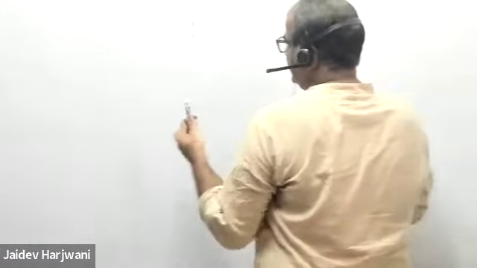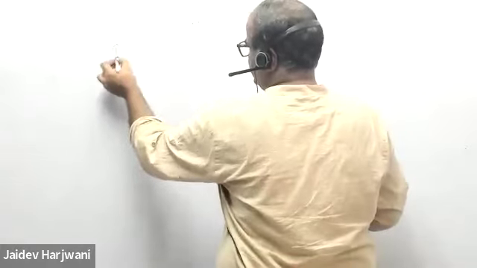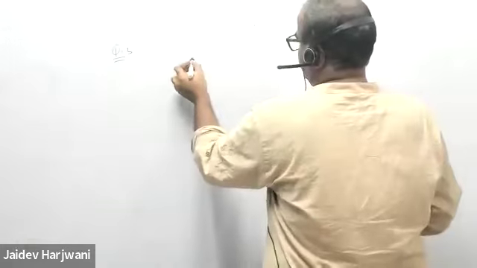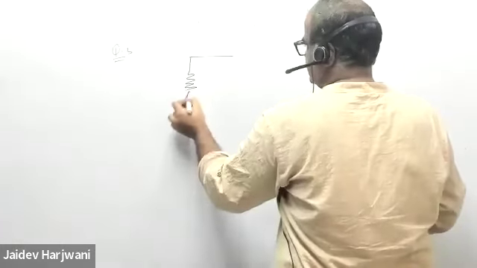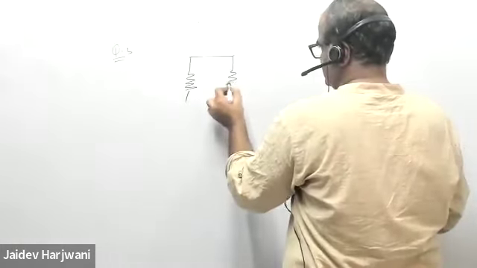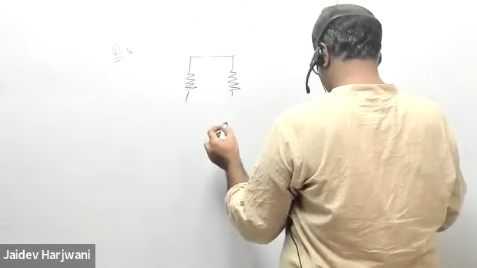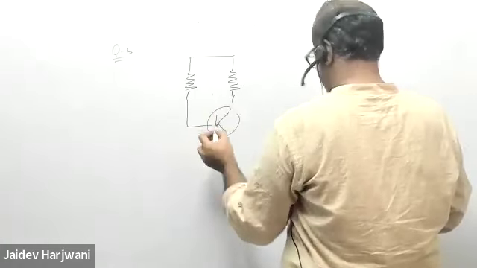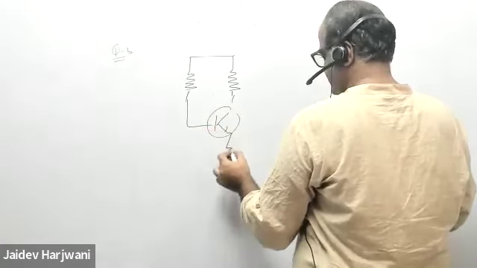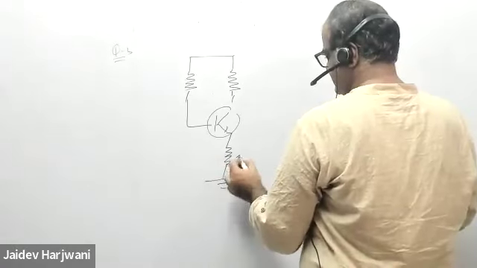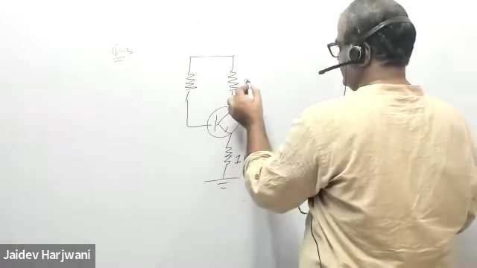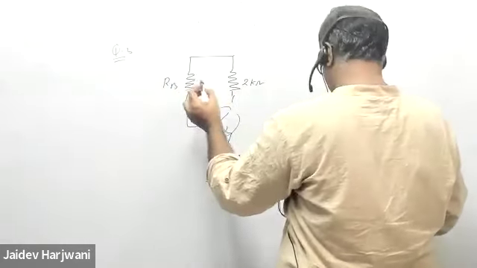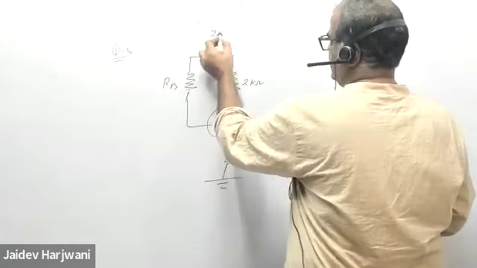Question number 3. Say this question number 3. You have been given a circuit, and this is your 1 kilo ohm, 2 kilo ohm, RB, and this is 20 volt.